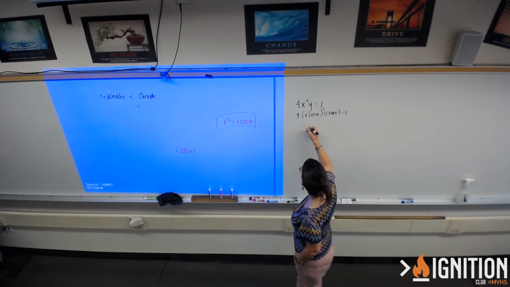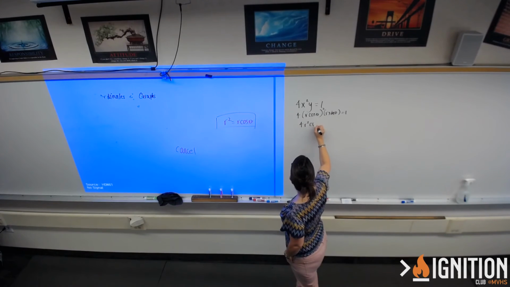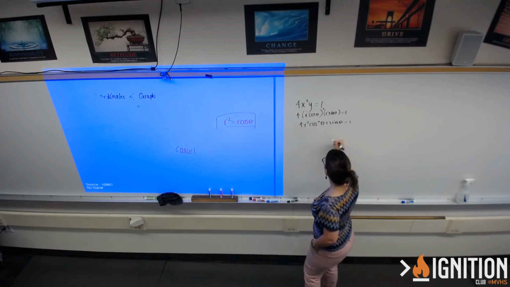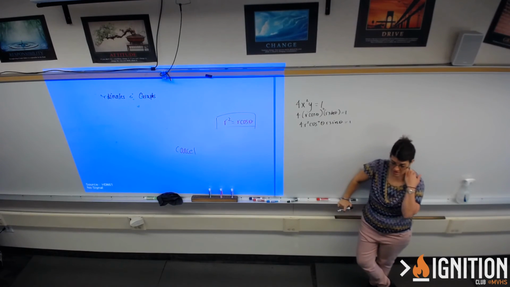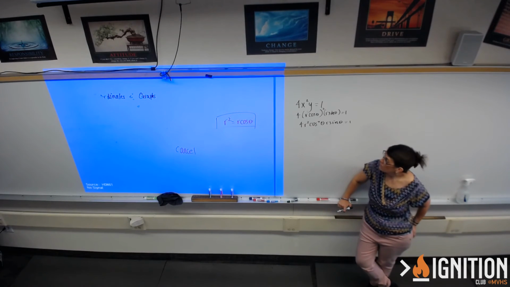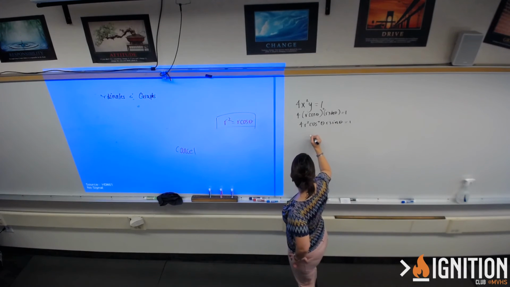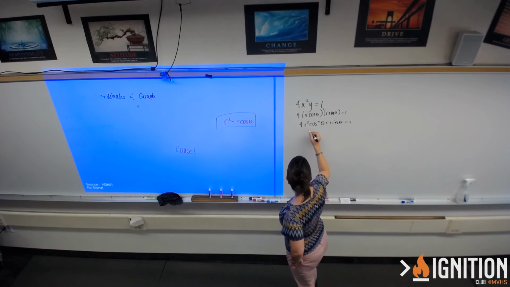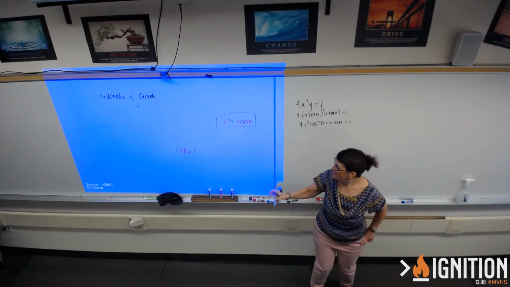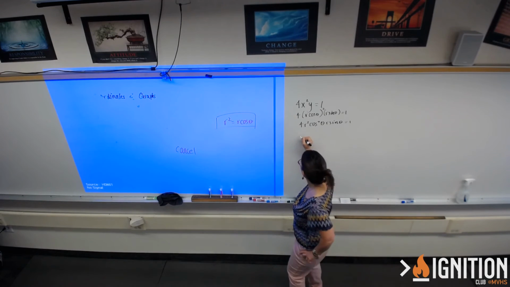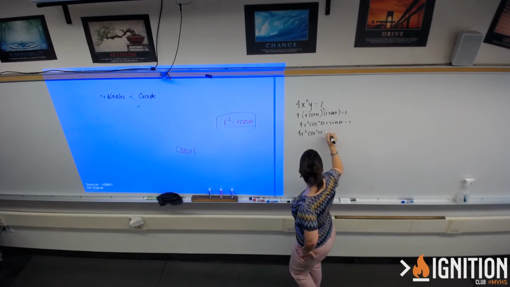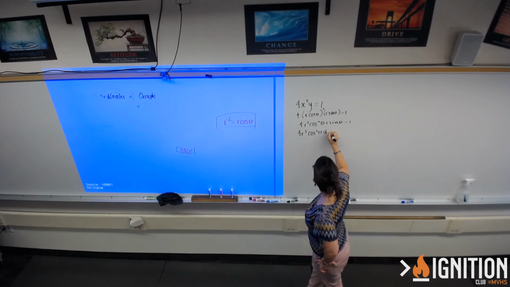Where did you get R? 4r squared cosine squared theta times r sine theta. That looks super messy. Multiply this out. What do you get? 4r cubed cosine squared theta sine theta.